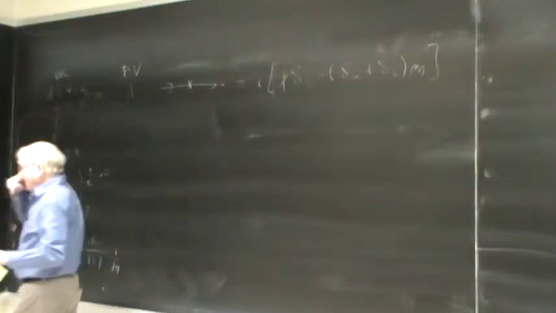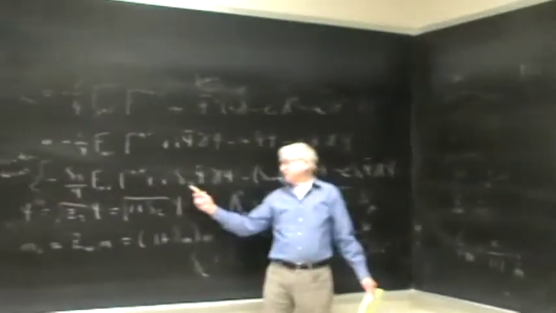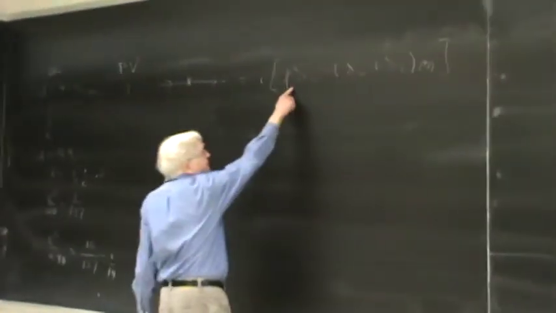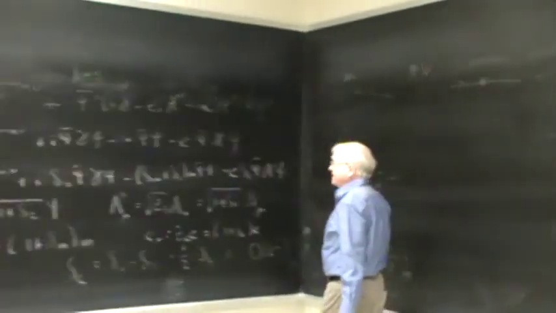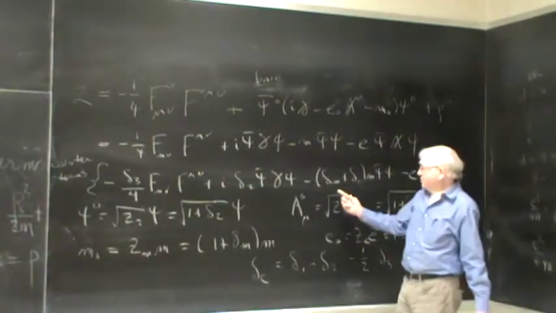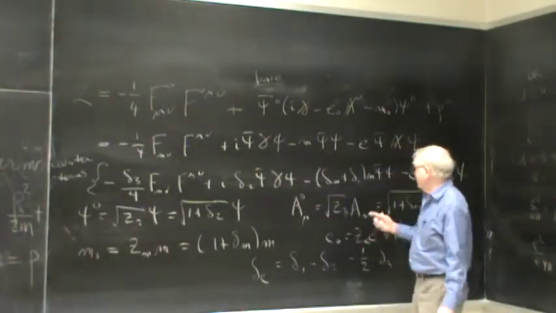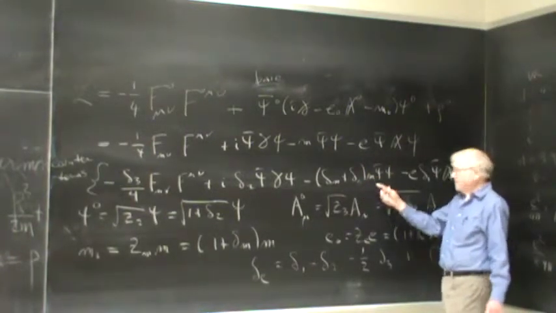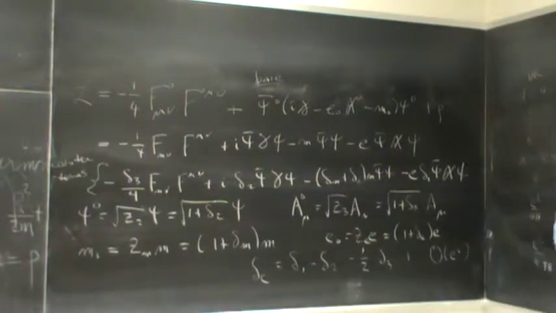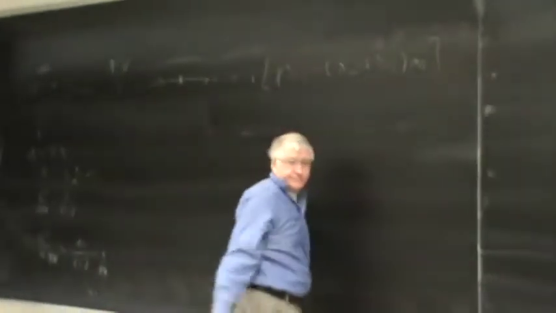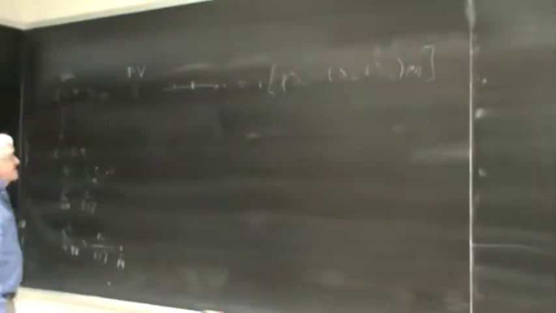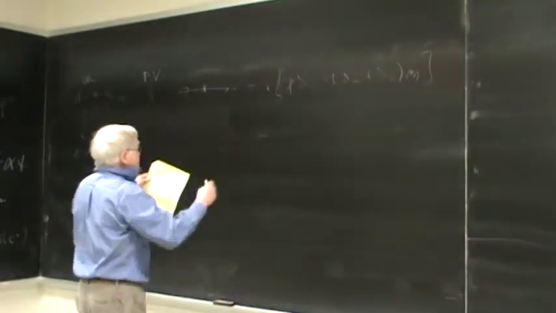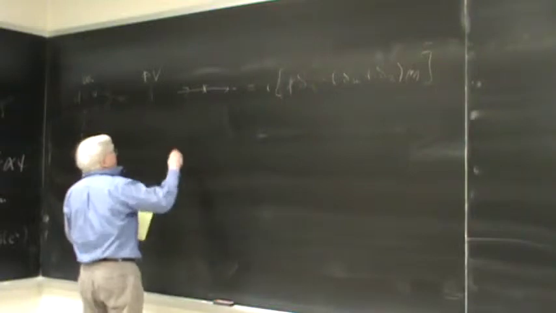Here you get δ2 p-slash, so that's this thing. And on the other hand, we also have another ψ-bar ψ term, δm plus δ2 m, and that's this term. So this is one way in which the counterterms are going to occur.